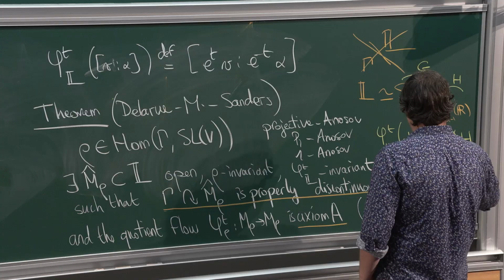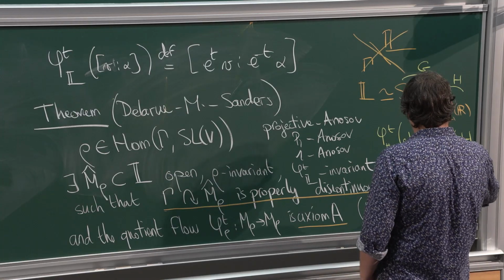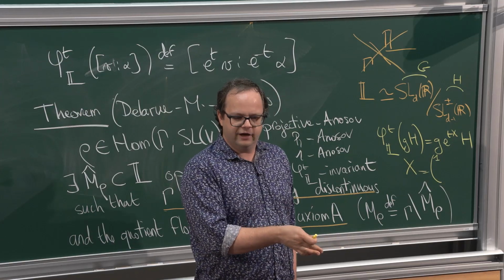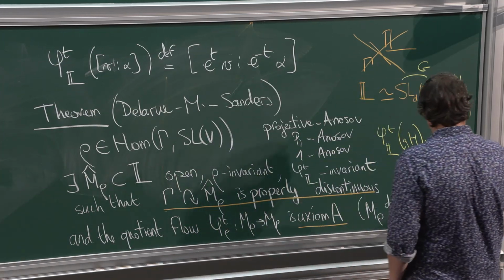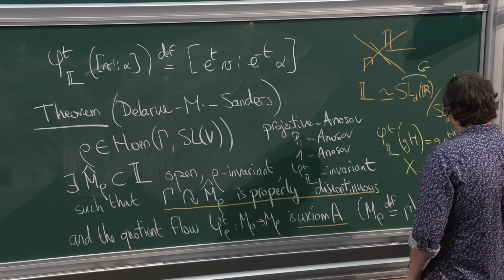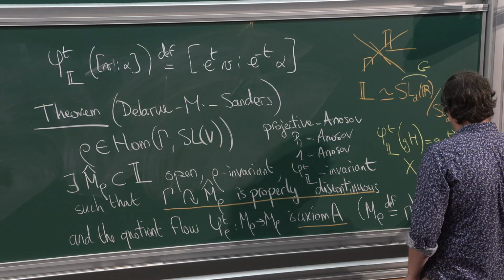X will be essentially 1, and then some minus things to make it have trace 0, right? So minus 1 over d minus 1, minus 1 over d minus 1.